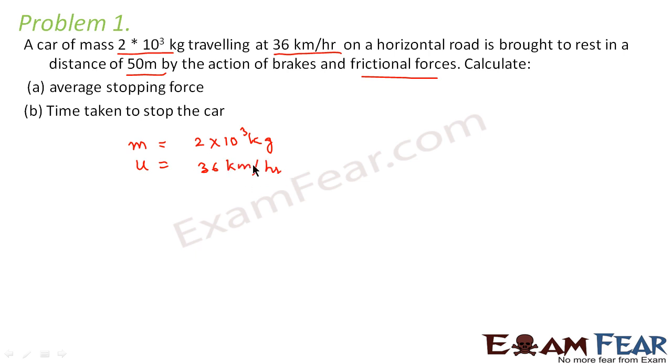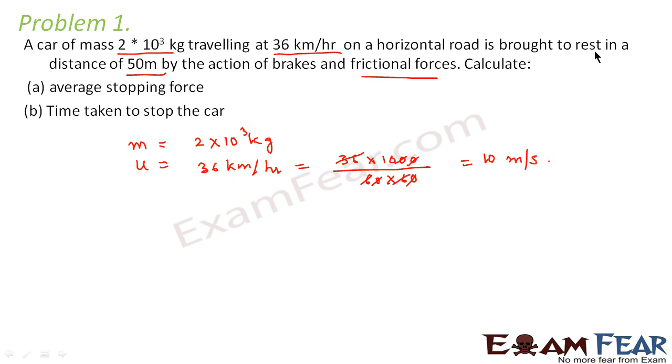Since we might have confusions later because of different units, let us convert it into meter per second. So 36 km per hour will come out to be 10 meter per second. So this is the initial velocity of the car.